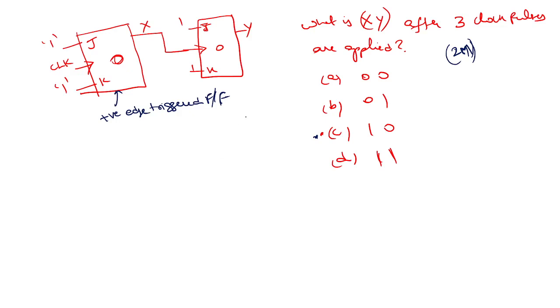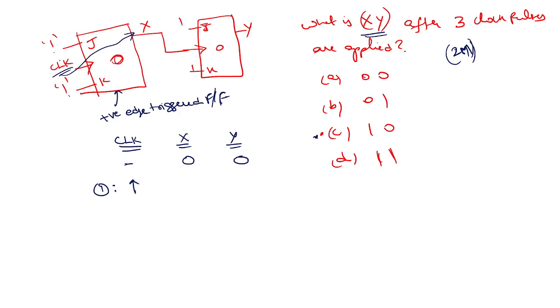So these are positive edge triggered flip-flops. You have a clock, and there is X, there is Y. That's what they are asking. Nothing is applied. The initial states are 0 and 0. Now, when you apply the clock, there is the first positive edge, and this clock will affect X directly. J is 1, K is 1, so obviously they are in toggling mode.